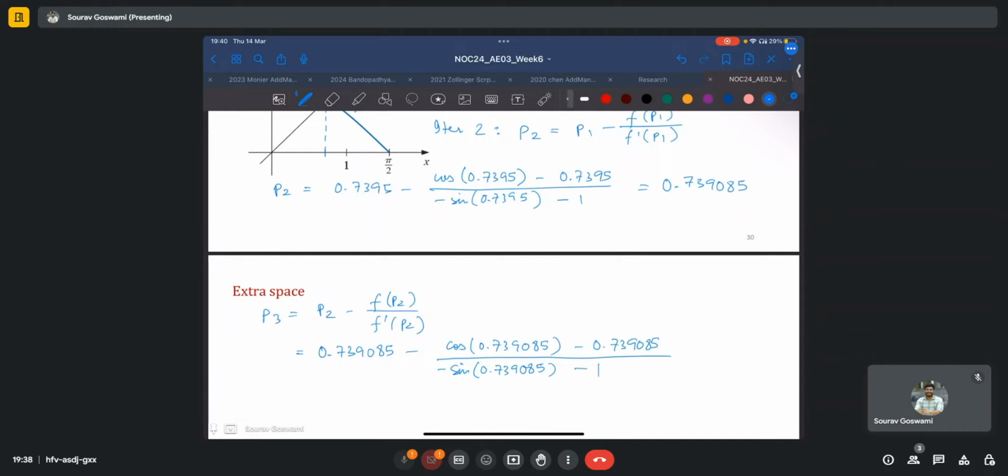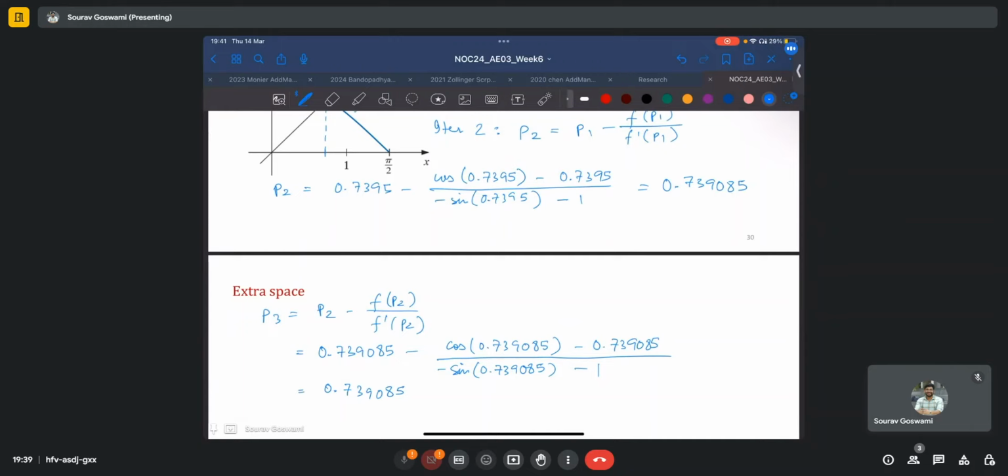So cosine of 0.739085 minus 0.739085, divided by minus sine of 0.739085 minus 1, and 0.739085, as this entire thing is 0.739085 again.